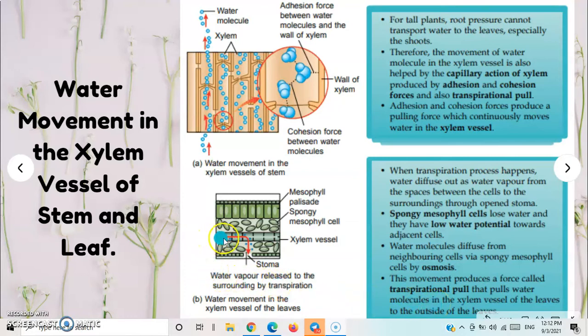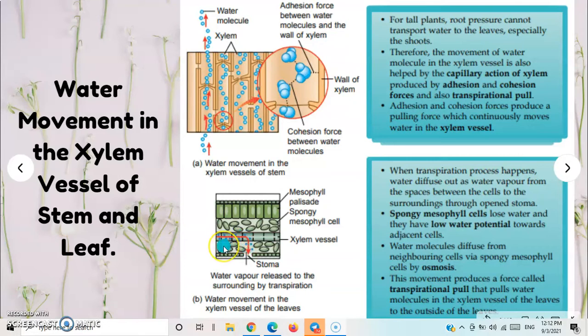As you can see here, these are the xylem vessels. In the xylem vessels, there is water. When transpiration occurs, it will create a transpirational pull. Why?